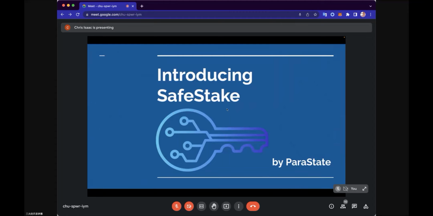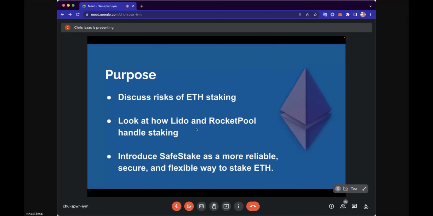So I'm going to position it that way, and I'm going to talk about how SafeStake takes staking to the next level, makes it a more reliable, secure, and ultimately flexible way to stake ETH and keeps the Ethereum ecosystem and infrastructure decentralized.